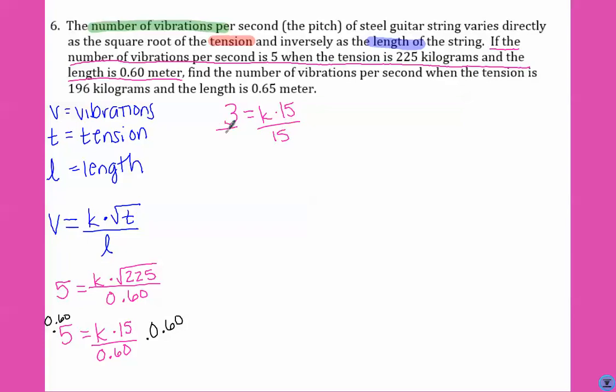Divide both sides by 15, and we get that K equals 0.2. I'm okay with you leaving it as a decimal here, because otherwise we're going to be dealing with fractions inside fractions, and that's not real pretty. So rewrite our equation. V equals 0.2 times the square root of T over L.